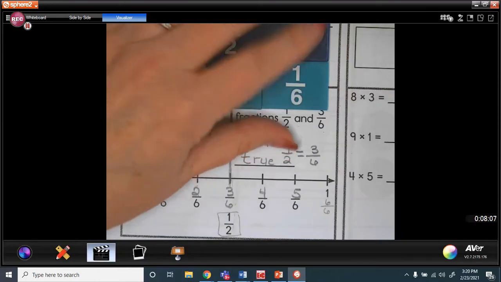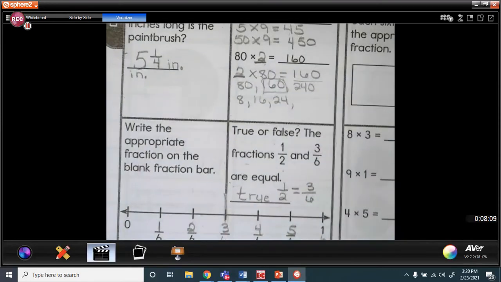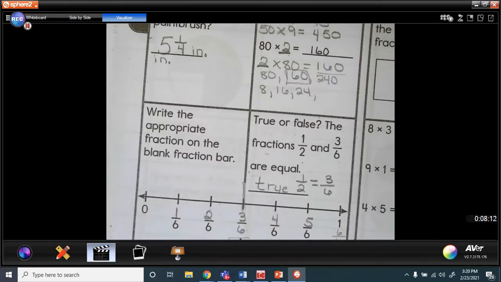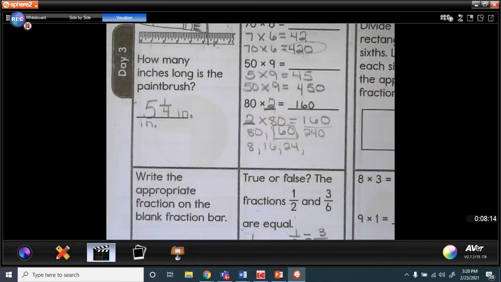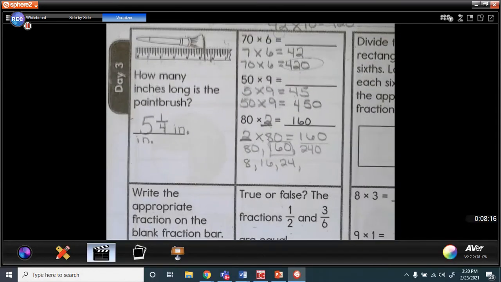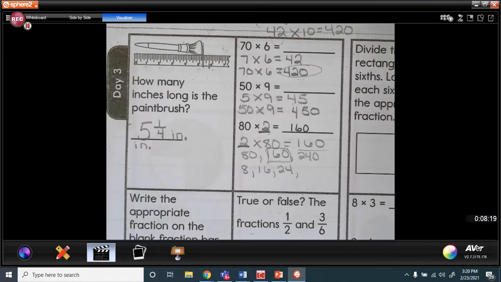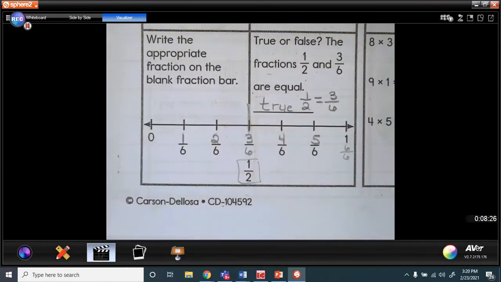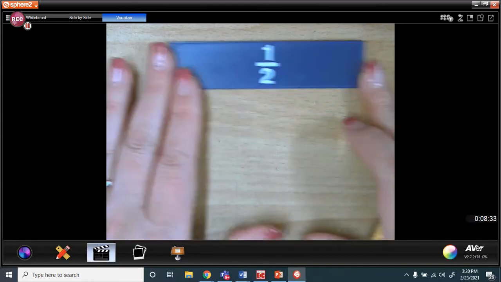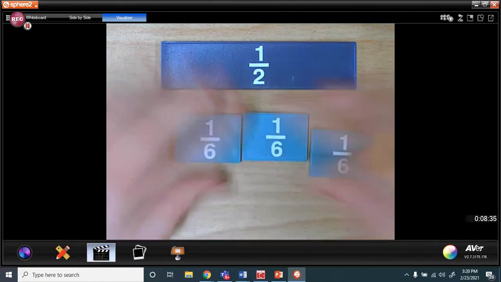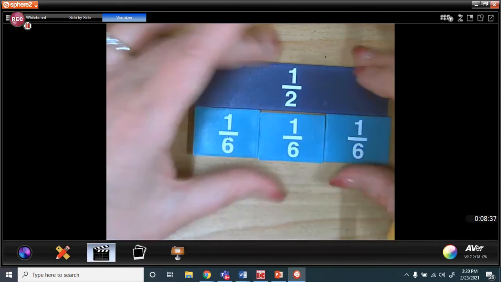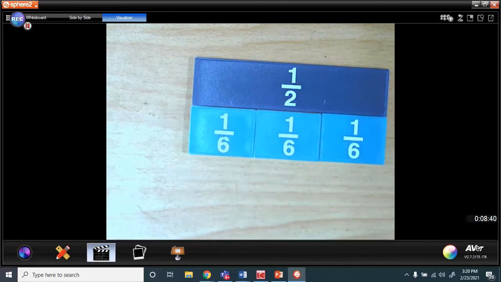So today, I'm not going to give you necessarily a clue word. I'm not going to give you a problem to do today, but I do want you to take a look at your fraction strips. So I guess it kind of is a problem. I want you to look at your fraction strips, and I want you to give me one more fraction that is going to be the same length as half.